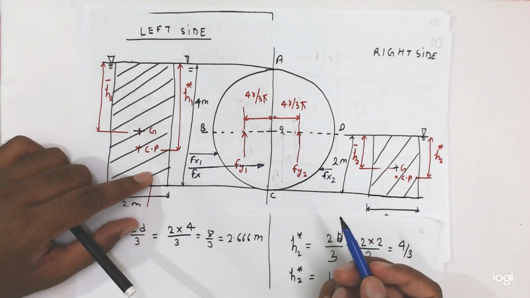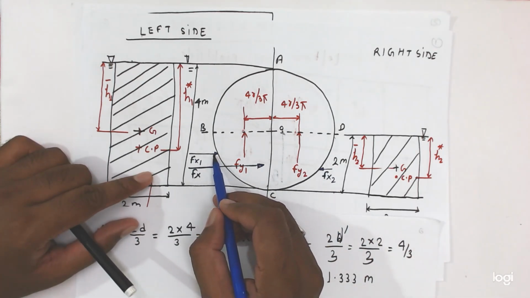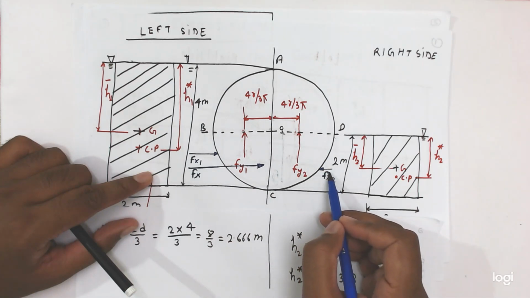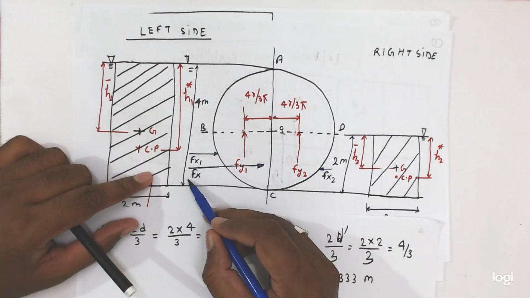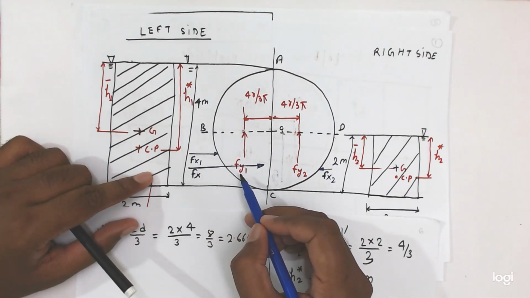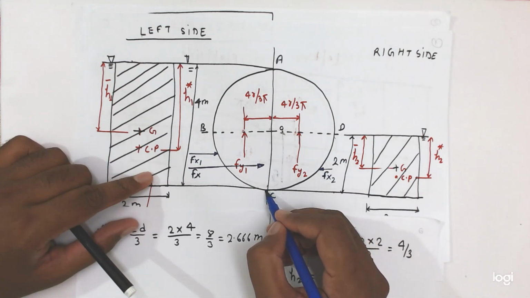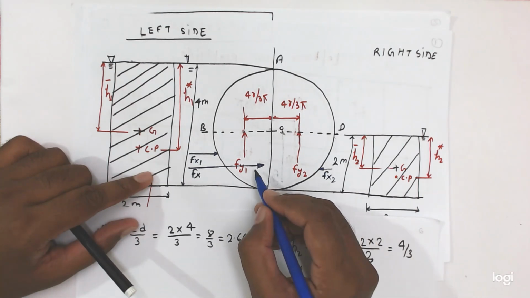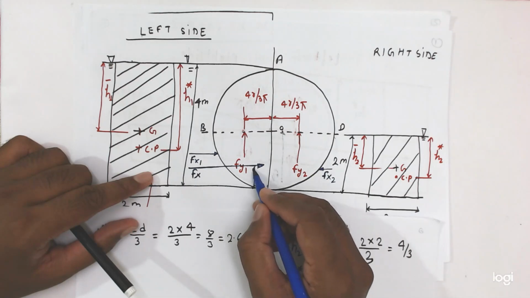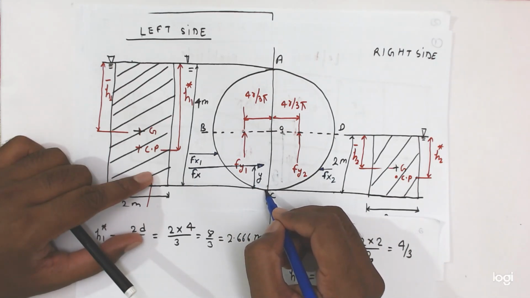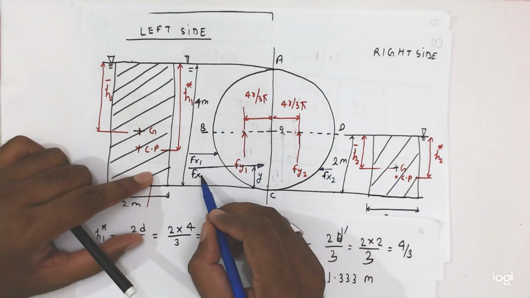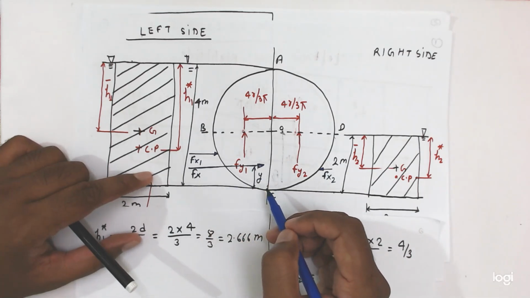We don't know the location. We know the location of Fx1, we know the location of Fx2, but we don't know the location of Fx, because this is the net horizontal component of force. Let's suppose here friends, from the bottom the location is at a distance of y meter. So from the bottom, the net component of force Fx is at a distance of y meter.